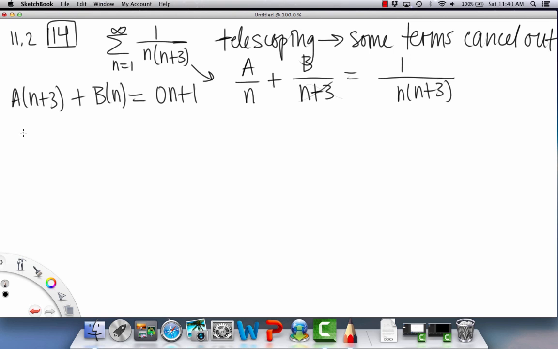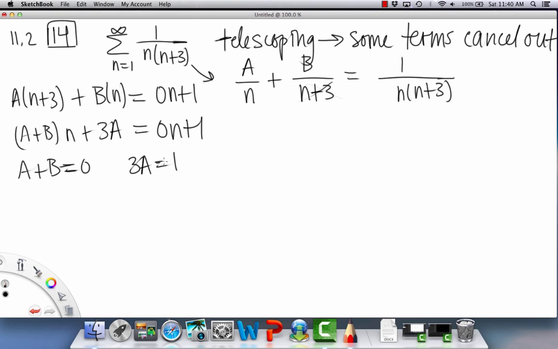So then we have A plus B times n, and 3A. Now I'm just rearranging. A plus B must equal 0 when we compare the coefficients of n, and 3A must equal 1 when we compare the constants. So A has to equal positive 1 over 3, therefore B equals negative 1 over 3.